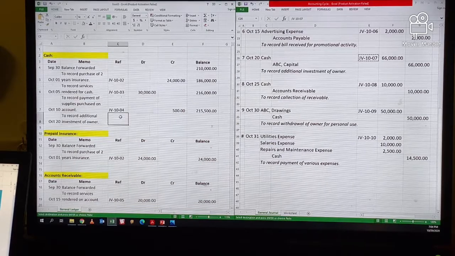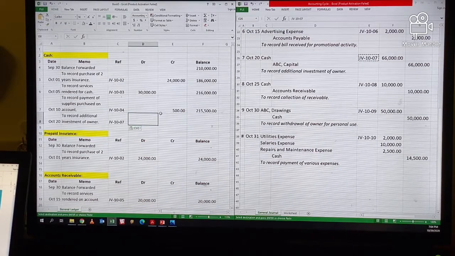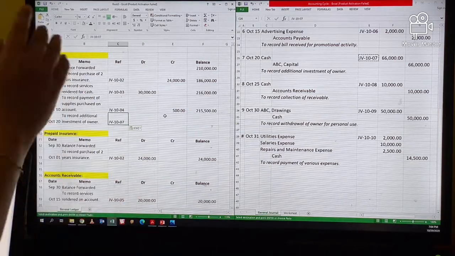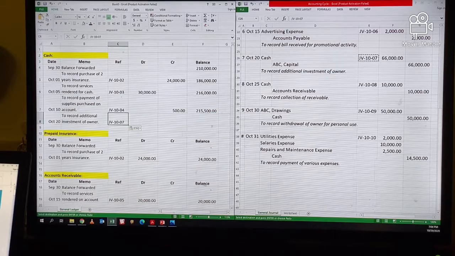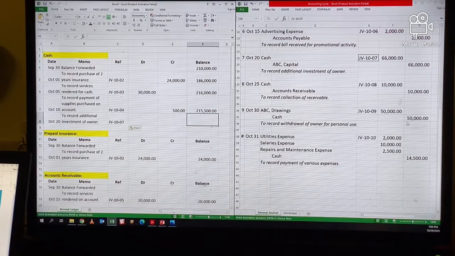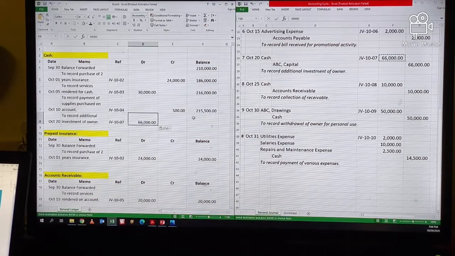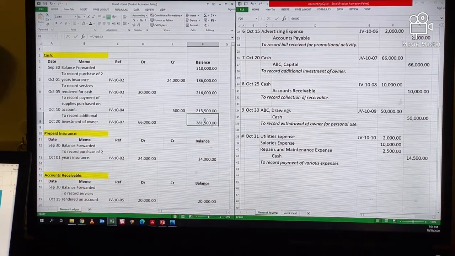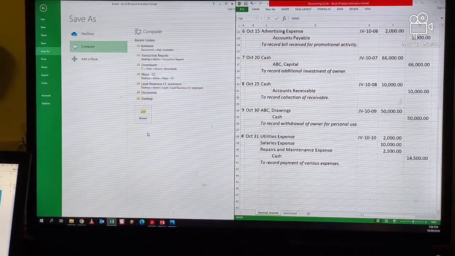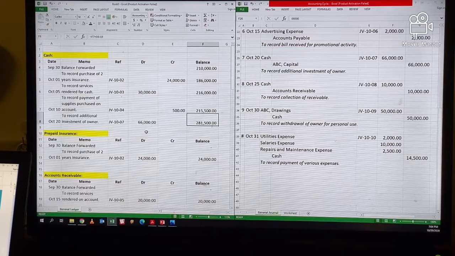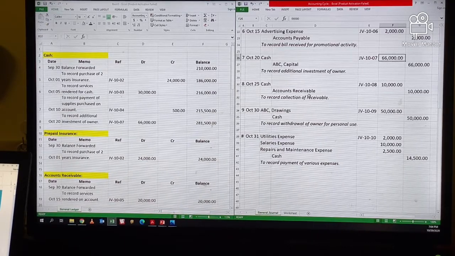Yung reference, bahala na kayo. Basta, ang mahalaga, kung ano yung reference na kasulat dito, yun yung isusulat nyo dito. Tapos, chronological dapat siya. From 1 to papunta doon. So, debit daw na 66,000. So, dahil debit, i-add mo siya sa balance. Sorry, sanay kasi ako mag-save. Nakakalimutan ko talaga lagi.